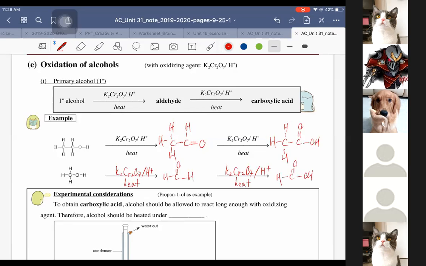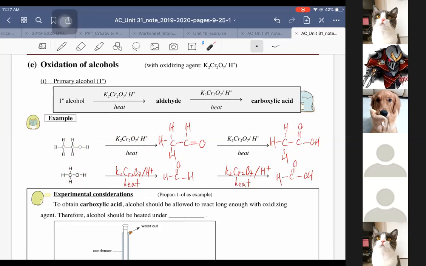Okay, so let's think about how we're going to do this experiment. No matter if it's methanol or ethanol, the boiling point is not very high, and we need to heat it with the catalyst for quite a long time to get the carboxylic acid.